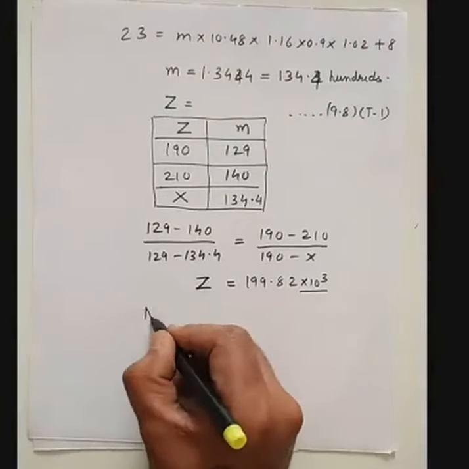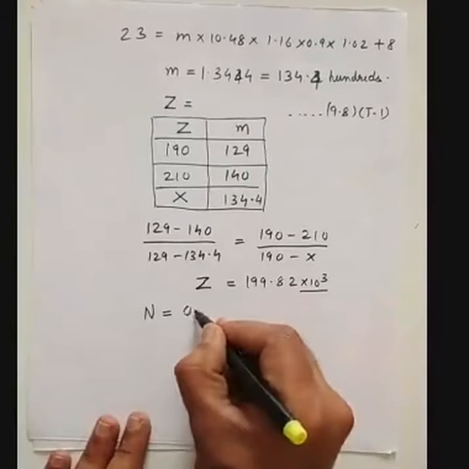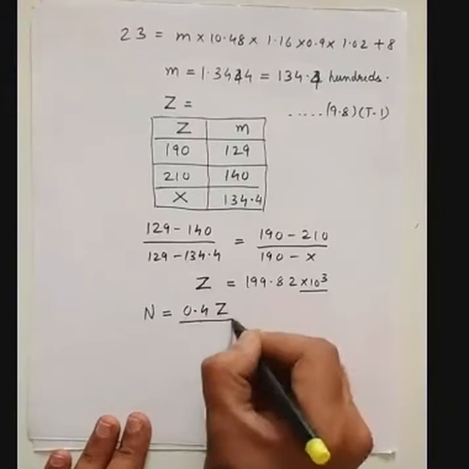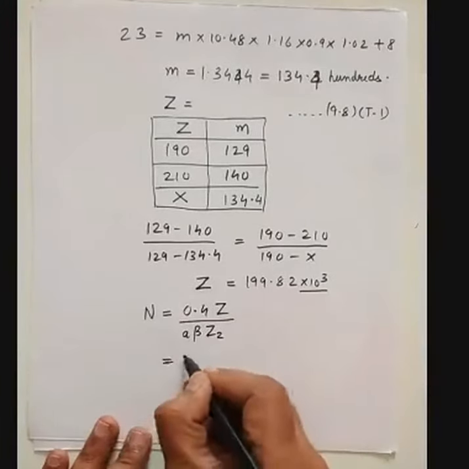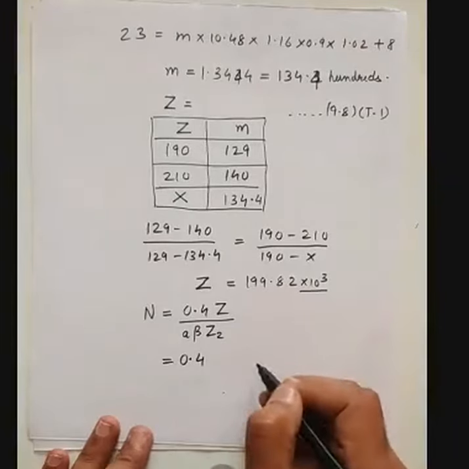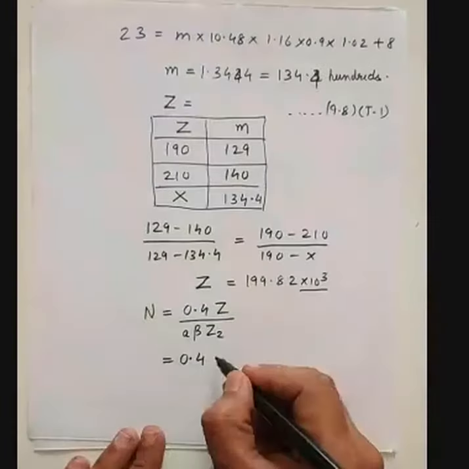Right. Now we have everything to substitute in the formula of N, that says 0.4 Z upon A beta Z2. Substitute, you will get the value of life of rope in months.